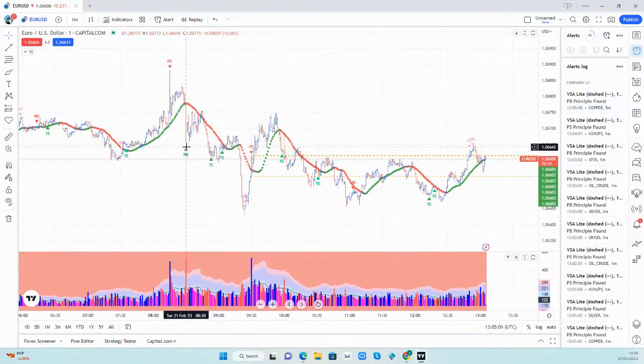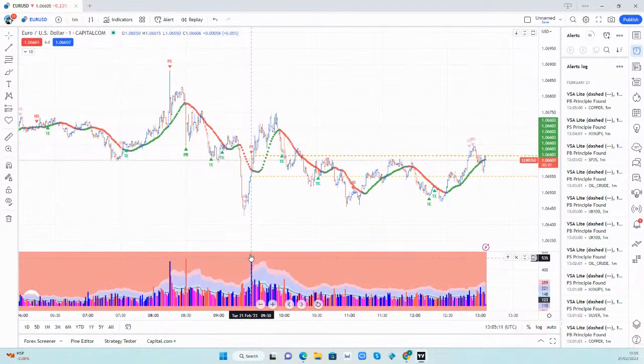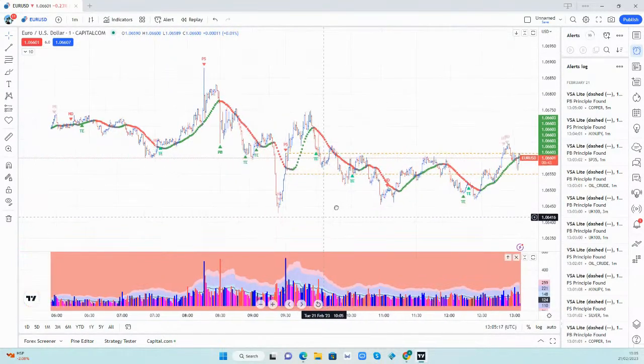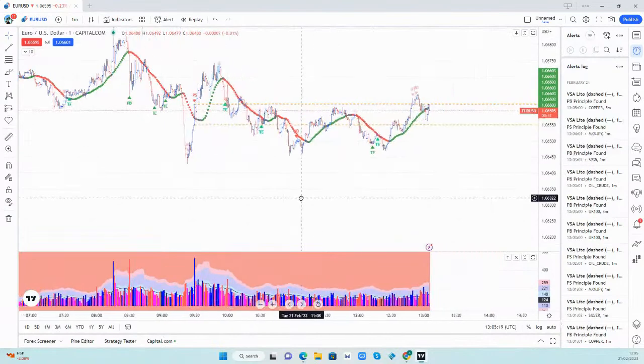You can see the potential professional buying then came along here with a decent volume, and then finally the highest one, the PS.